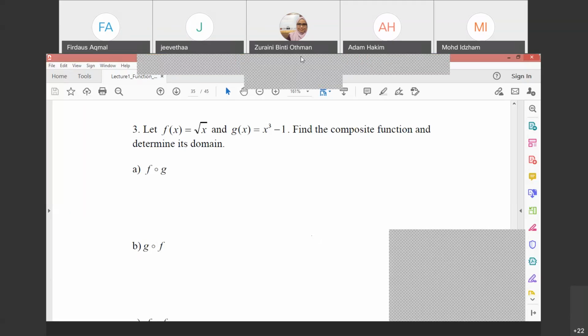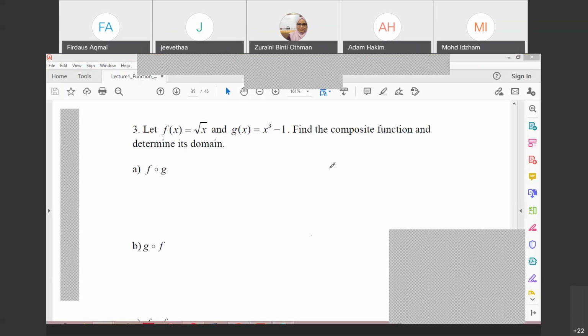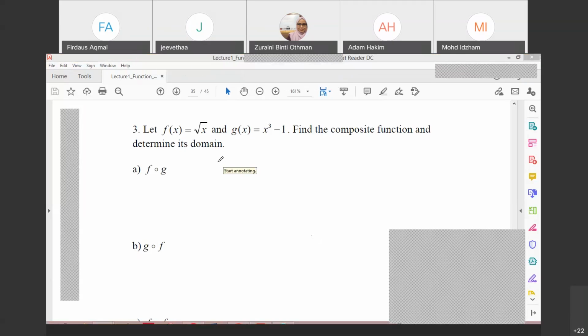Find the composite function and determine its domain. Composite function. Masukkanlah punca kat dalam tu. Dapat apa?